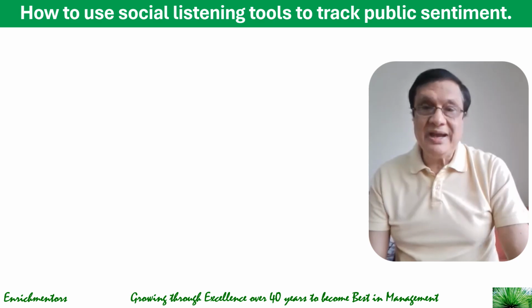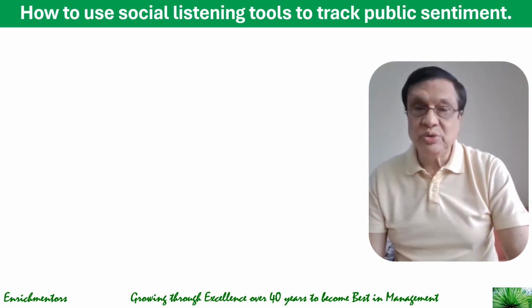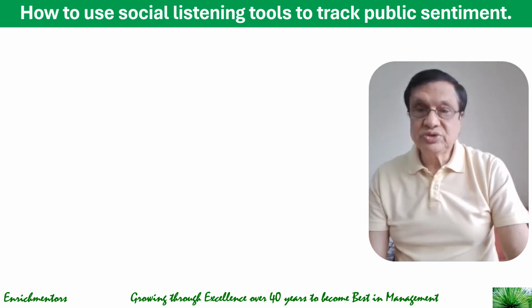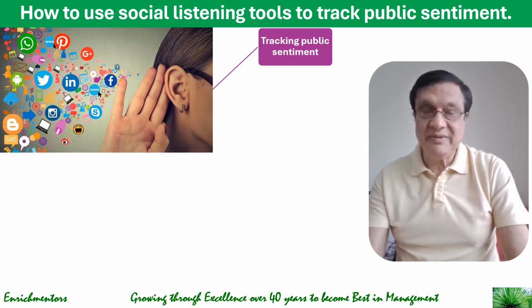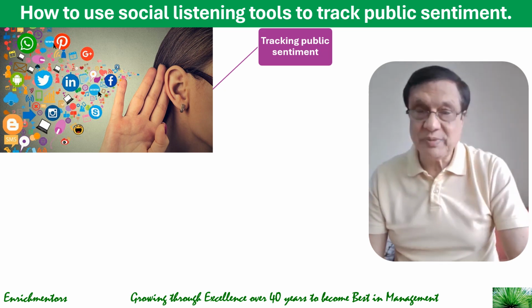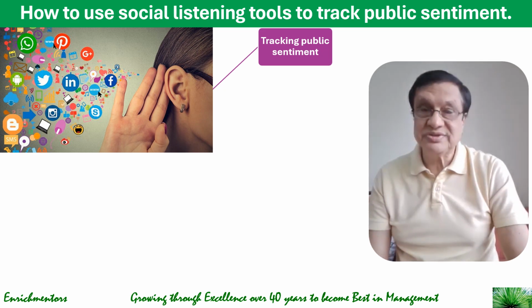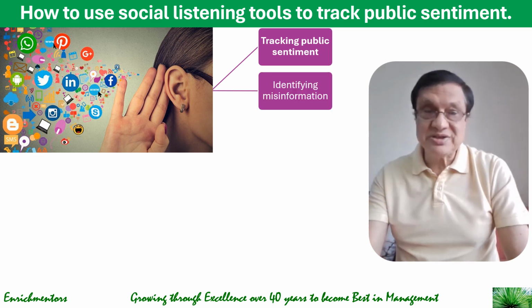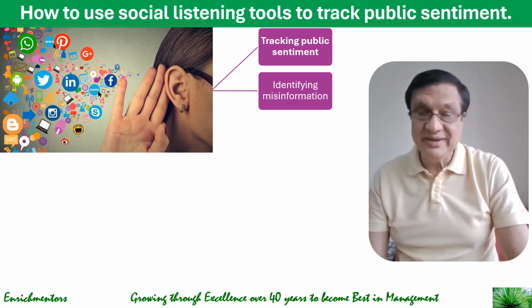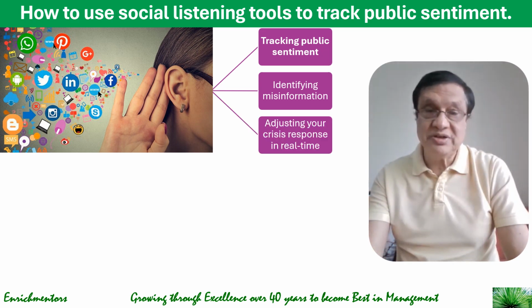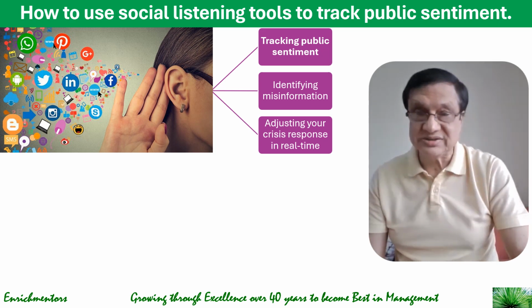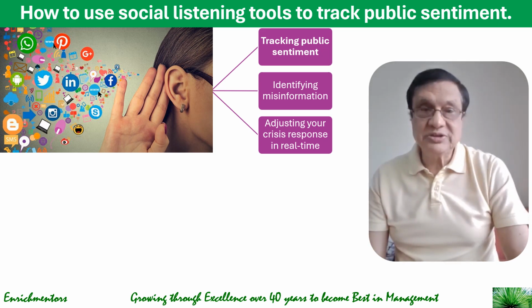And before we do that, let us understand why we need to do that. Now, social listening is essential for a few things like tracking public sentiment, whether the public is positive, negative, or neutral about what you are saying, identifying misinformation, is there anything going around that is not correct, and adjusting your crisis response in real time. You are responding to the crisis. So, are you responding right?